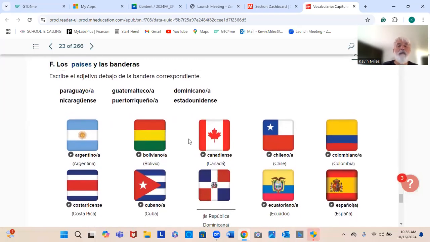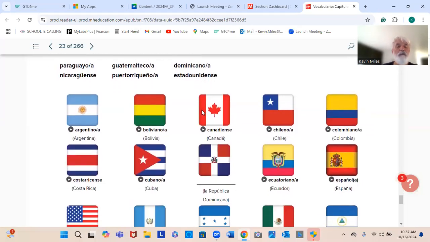And they give us some of the nationalities. Okay, if it's Paraguayan, Paraguayo, Guatemalteco, Guatemalan, Dominicano, Dominican, Nicaragüense, for Nicaraguan, Puerto Riqueño. For the United States in Spanish is Los Estados Unidos. And if it's American, we would say La Bandera Estadounidense.